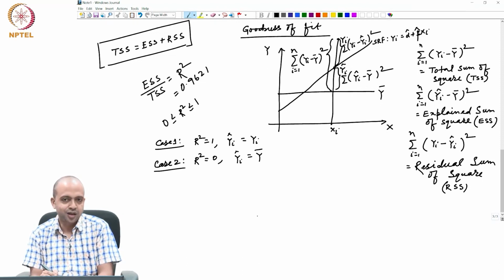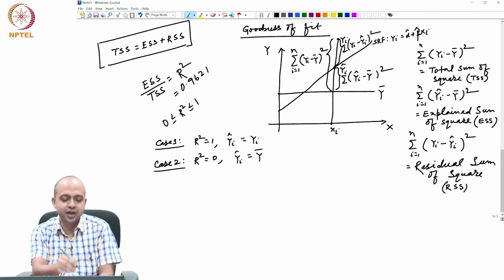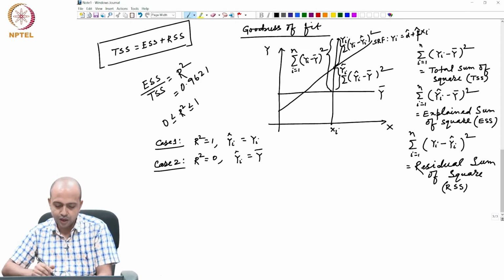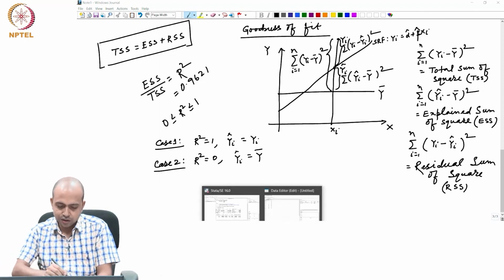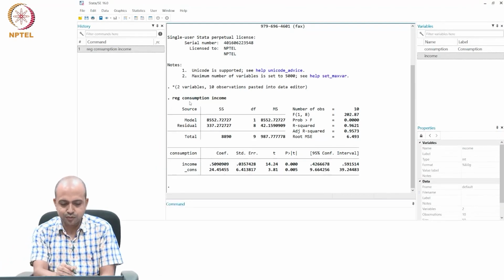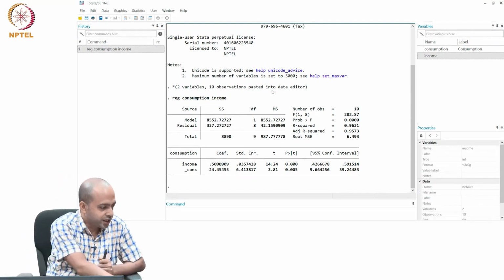In reality, we do not get R square equal to 0 or 1, rather R square will always lie between 0 and 1. Now look at this table, where they have mentioned source, and then model, residual and total.